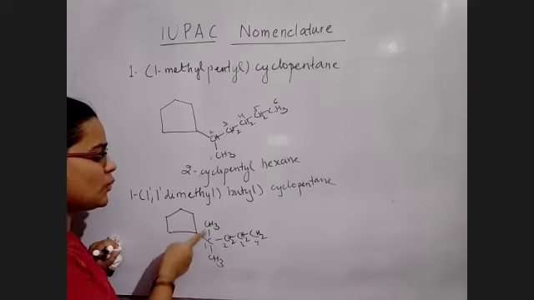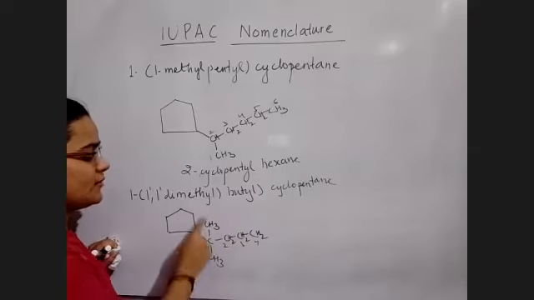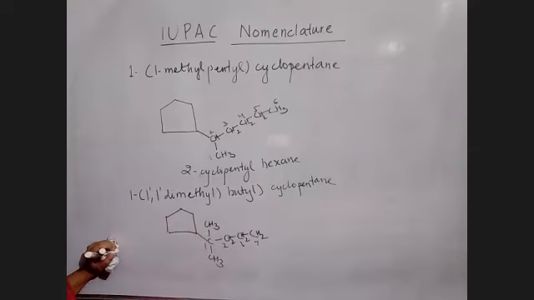This is 5 carbon atoms: 1, 2, 3, 4, 5. Longest chain is 5 carbon atoms.